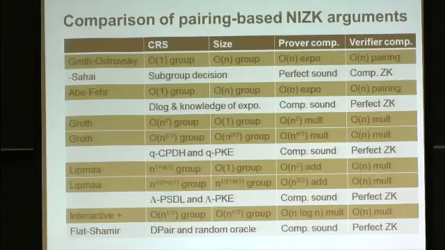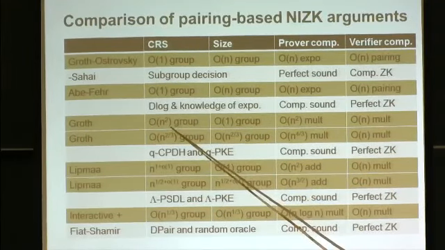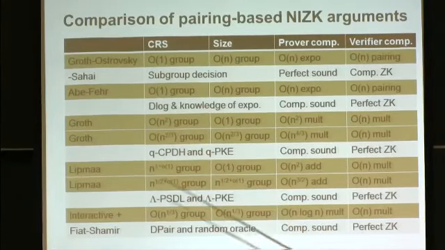So what I've talked about so far is what we have: a constant size non-interactive zero knowledge argument with n square group elements in the common reference string, right?